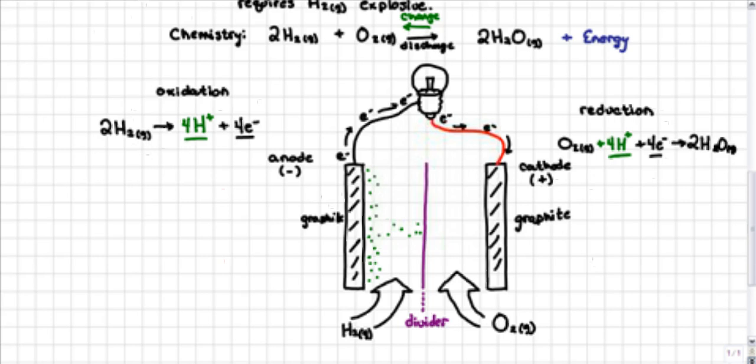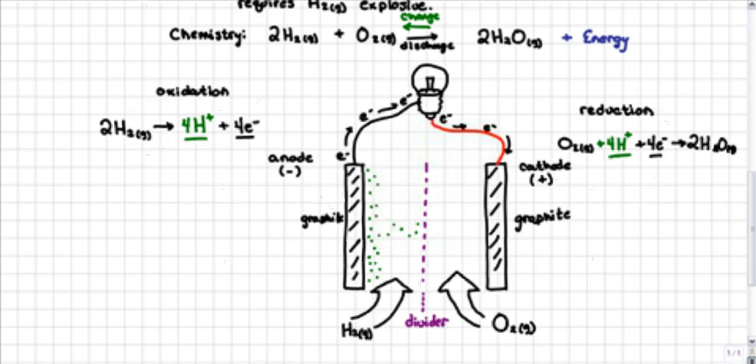The divider must somehow keep hydrogen and oxygen gas molecules apart and yet let the hydrogen ions through. And special polymer membranes have actually been created to make this happen. They are a porous membrane, and so I'm going to make my membrane now porous. But the pores are so small that the hydrogen and oxygen molecules cannot pass through.